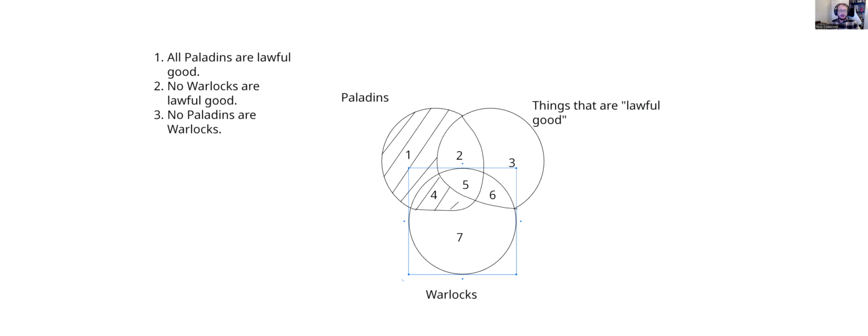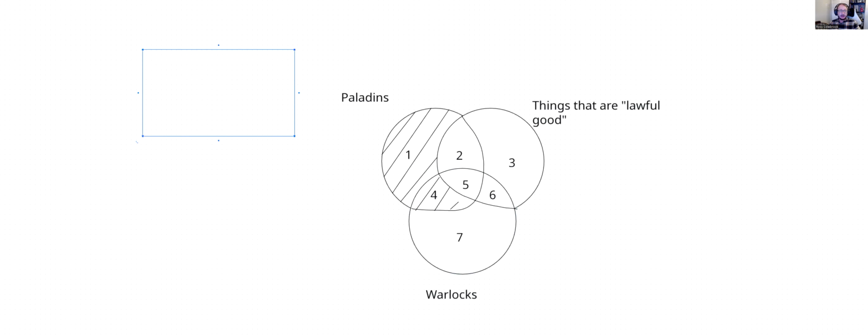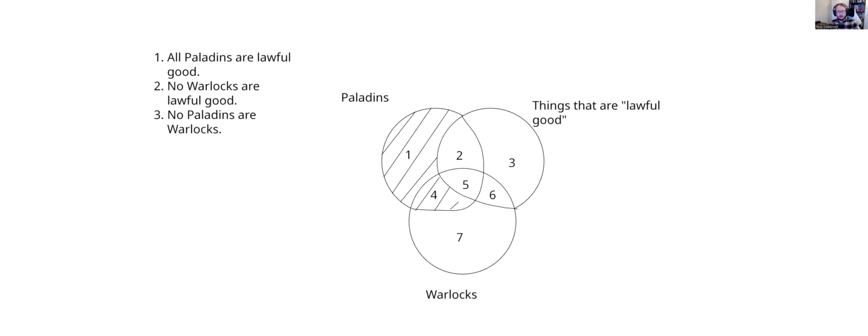I mean, we're not going to represent this last claim, but notice this last claim is about paladins. So if you were going to represent this on the Venn diagram, which you shouldn't because this is a conclusion, that statement would be about paladins, so you wouldn't have to worry about 3, 6, or 7. If I added another statement and I said, things that are lawful good are paladins, that statement is about things that are lawful good.